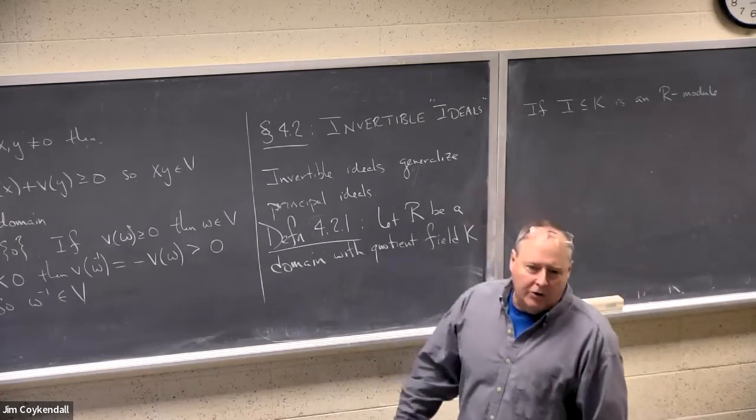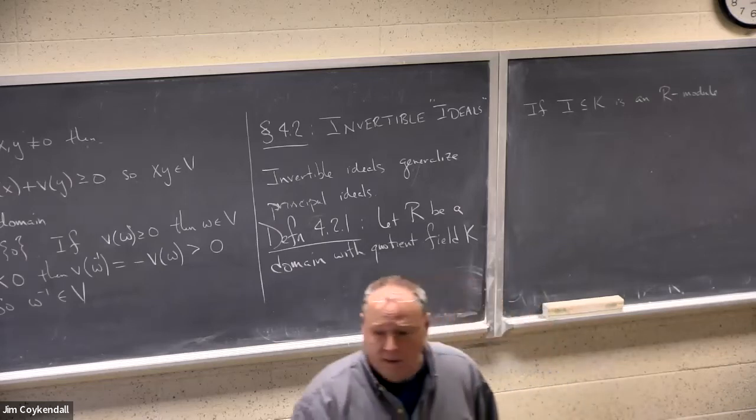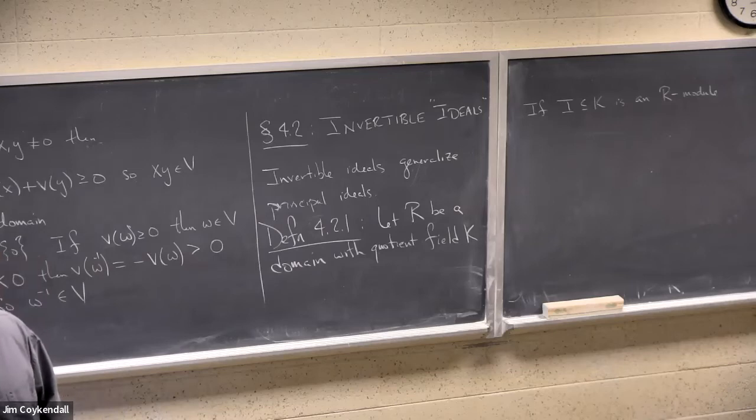So I is just some R-submodule of the quotient field. In fact, at this point, I could have I be R, or I could have it be the entire quotient field or whatever.